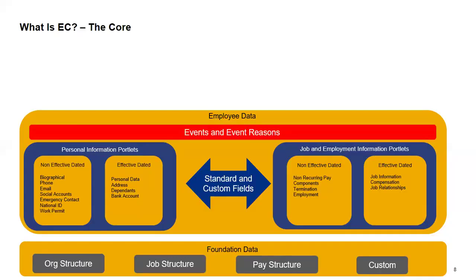And for every record that you maintain in job information, you need to have an event and an event reason. If you're changing location, it is a transfer event, and location transfer is the event reason. If you're changing grade, it can be either a demotion or a promotion.